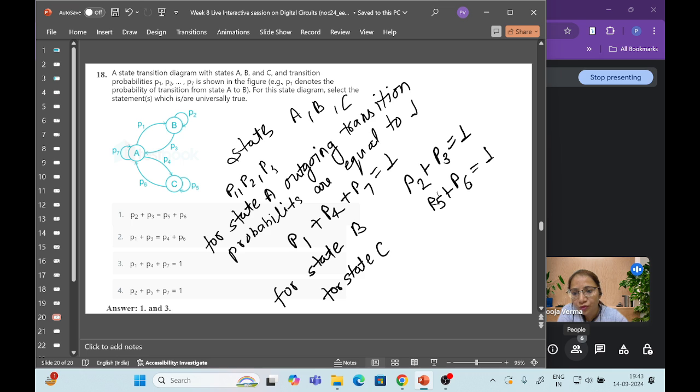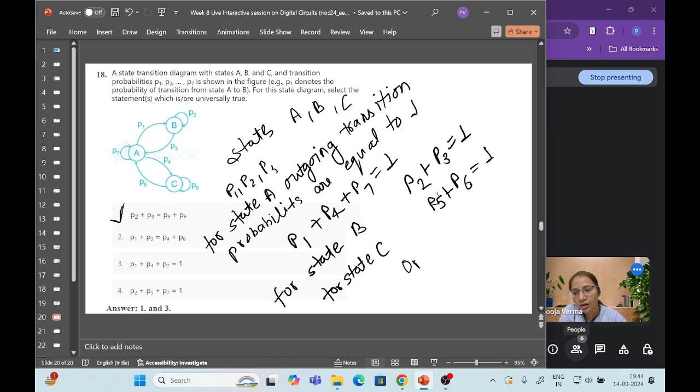Now P5 plus P6: the outgoing transition probability of B is equal to the outgoing transition probability of C, since both are equal to 1. That can be true, because P2 plus P3 is equal to 1 and P5 plus P6 is equal to 1.